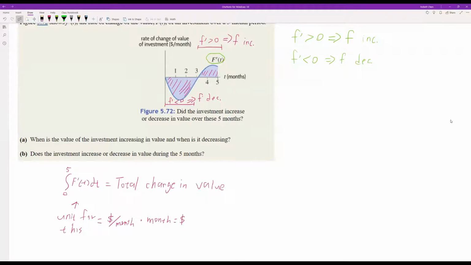Which is just in terms of dollar amount. So that dollar amount can be positive or negative. If it's positive, it means we'd actually earn money from the investment. If it's negative, it means we lose some money from the investment. Okay.